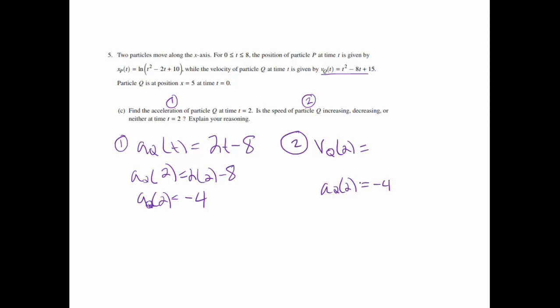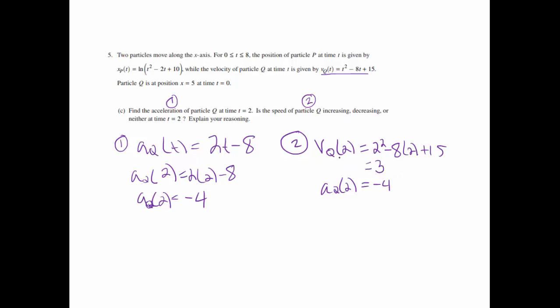Okay, to get the velocity, we're going to have 2 squared minus 8 times 2 plus 15. That is going to give me 4 minus 16 plus 15. That's going to give me 3.